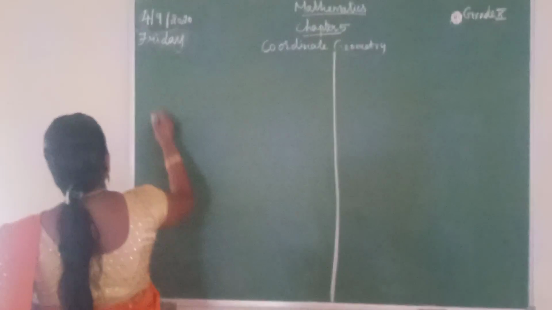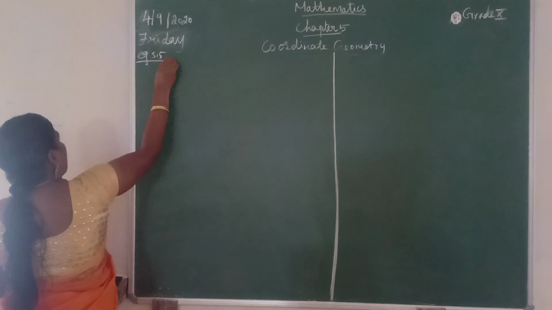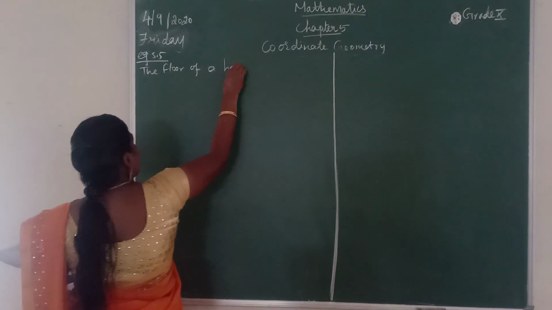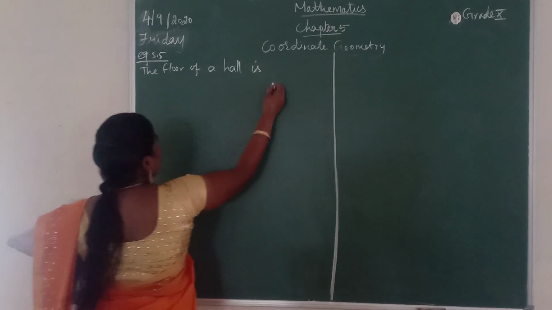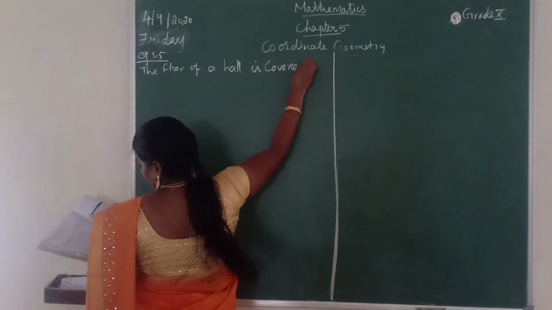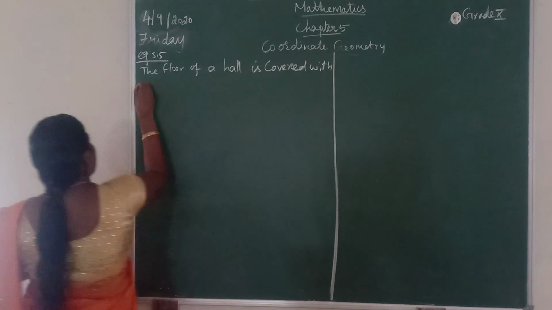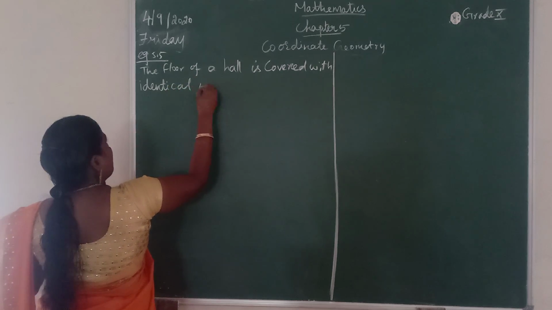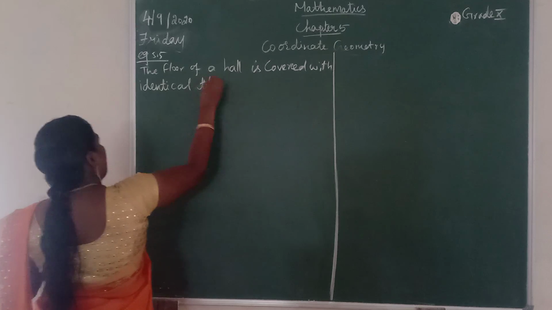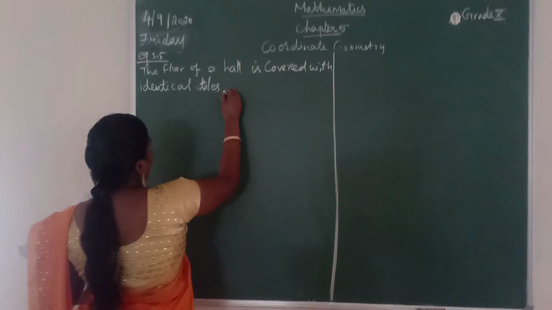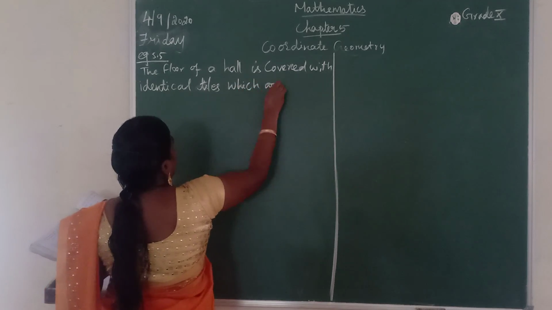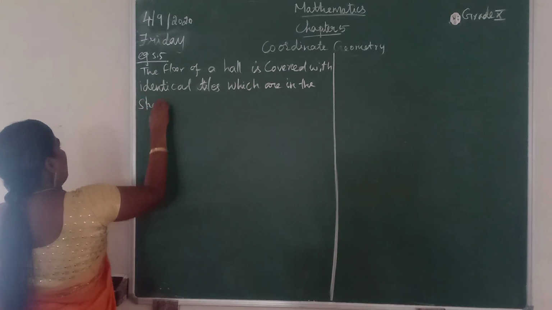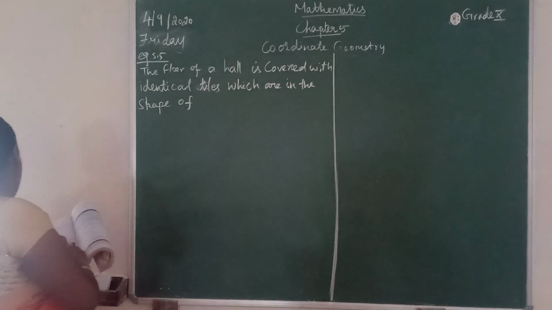The floor of a hall is covered with identical tiles which are in the shape of triangles.